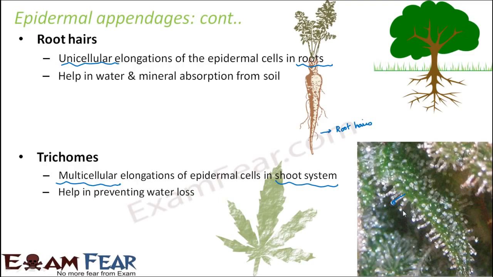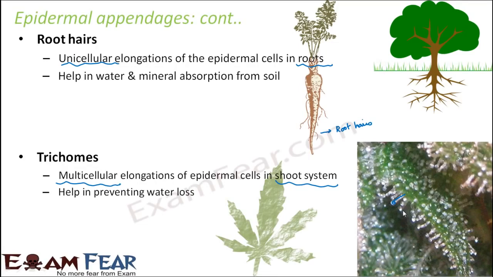Now, when I talk about root hairs, one important point to be noted is that whenever we uproot a plant, we need to take care that all the root hairs are intact, because they help in getting the minerals from the soil. If you are not able to take all the root hairs, then your plant in the other pot might not survive.